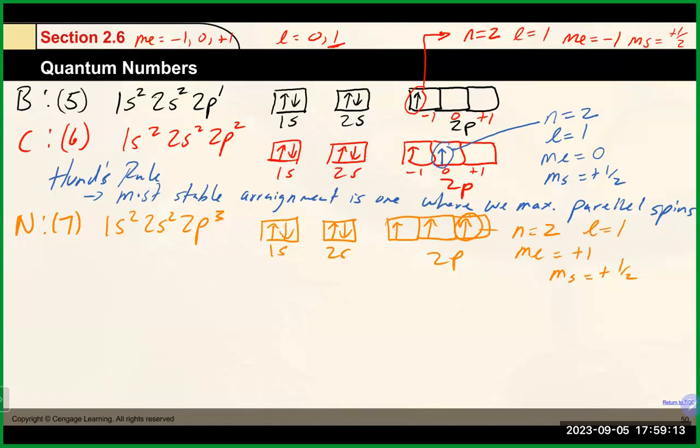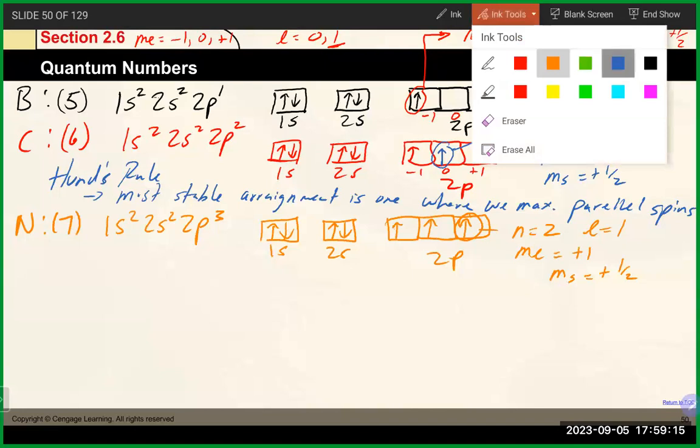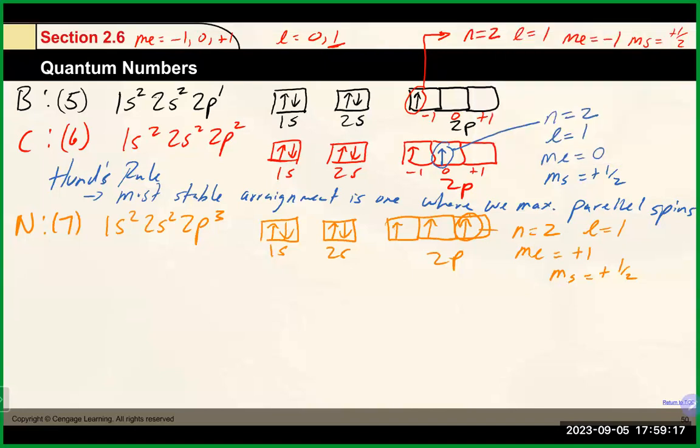Continuing on to the next one, which is 8, so we're going to do oxygen. We'll do 1s2, 2s2, 2p4 in this case. Doing our orbital diagram here.